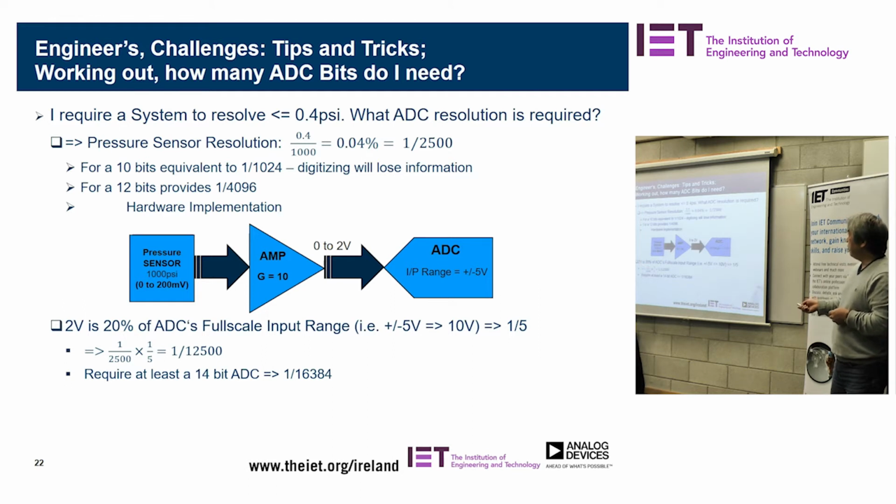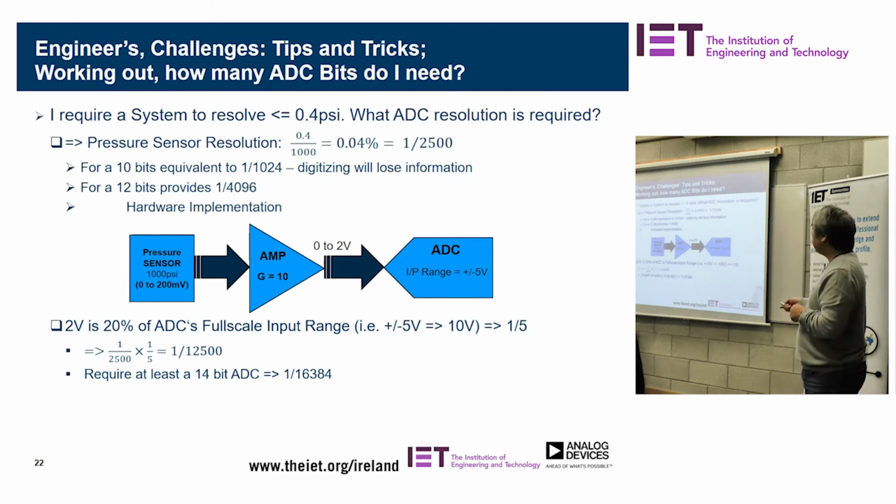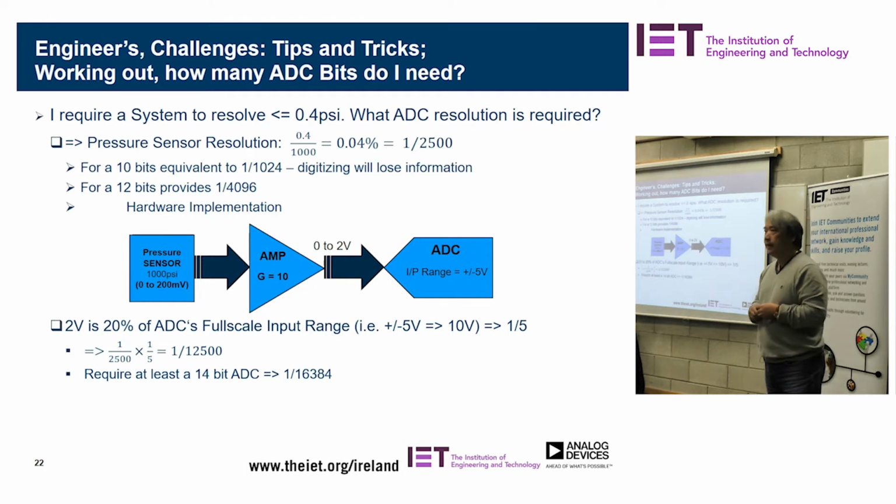But then I have an amplifier in between, so I need the amplifier to give me 2 volts to give me the full dynamic range. So when you work this out, if this ADC is plus or minus 5 volts, then you plug in this formula, and it gives you 1/5 of the range. Multiplying this will give you the number of resolution bits. So in other words, you need a 14-bit ADC in order to cover this adequately, otherwise you lose information.